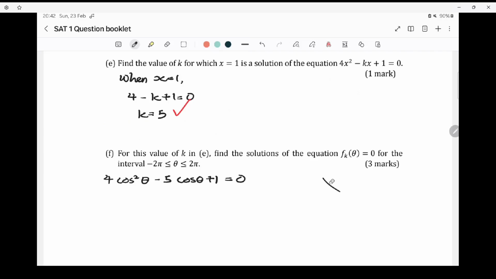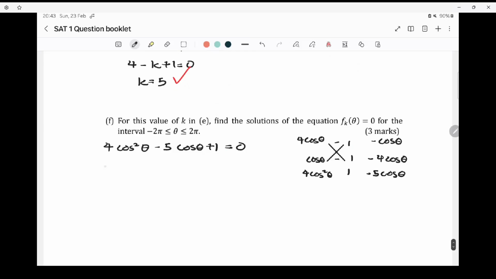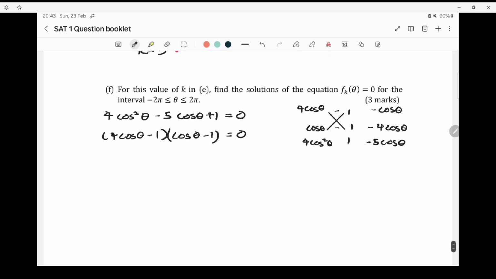So again, you factorize this first. So in the end, you would get (4 cos theta minus 1)(cos theta minus 1) as your factors or roots.